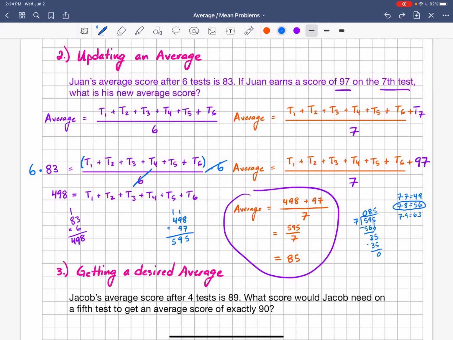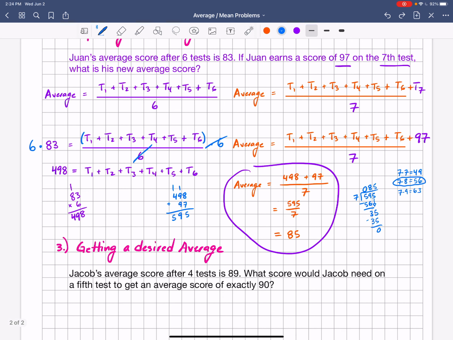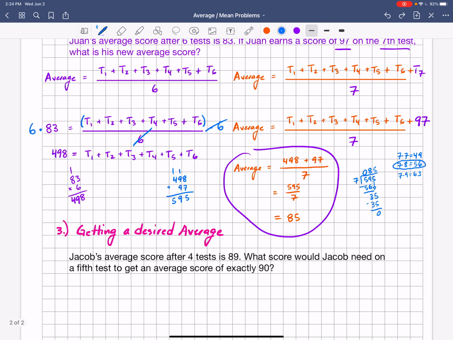After we write these formulas down and plug in the information that was given to us in the problem, we could see that the piece of information that we needed to compute this average is actually available to us in the initial average formula. So all we have to do is solve for the information we need. Then we were able to plug it into the formula here. And we got our final answer of 85.